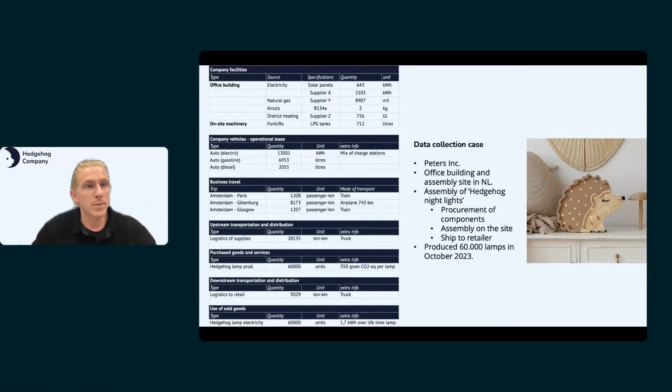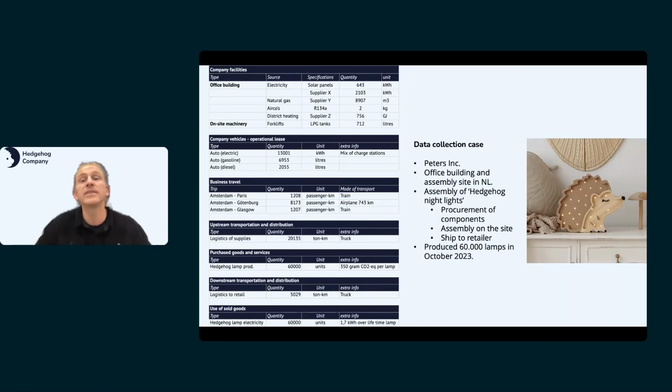Of course, this webinar is nowhere without a nice case study to get everything a little bit more clear. So I've developed a case study of a nice company called Peters Incorporated. Peters Incorporated has an office building in the Netherlands and an assembly site in the Netherlands, and is a producer of Hedgehog night lights, which you can see on the right side.